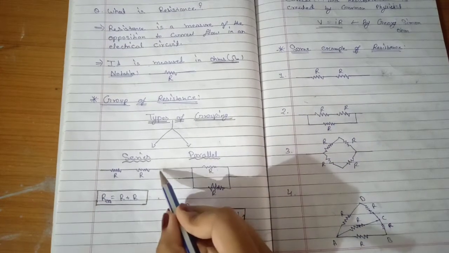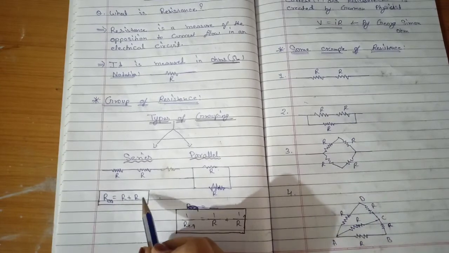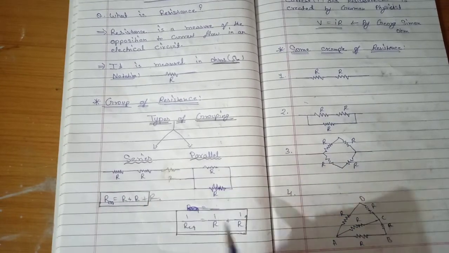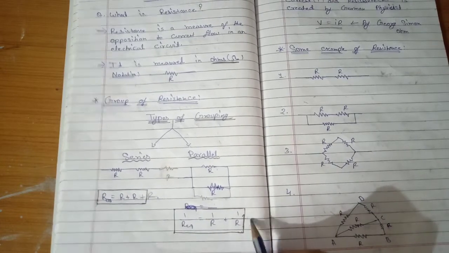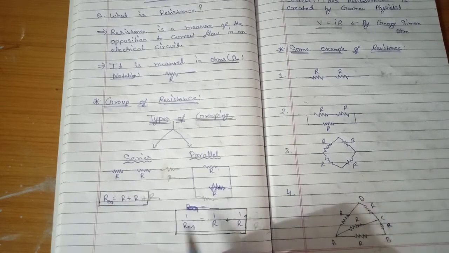If you add one more resistance here, then you have to add one more 1 upon R term, in a similar way.